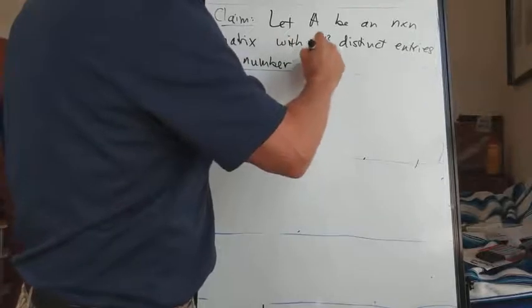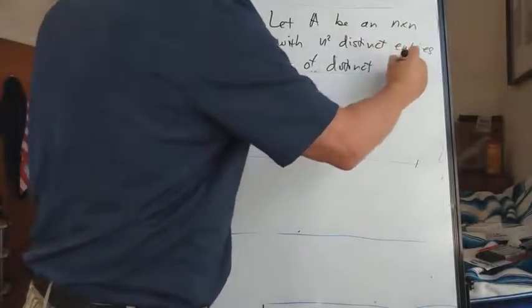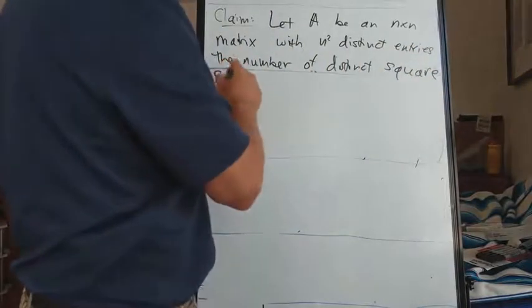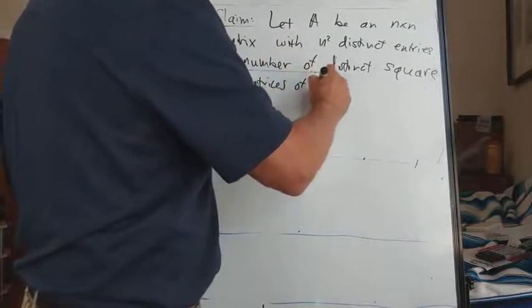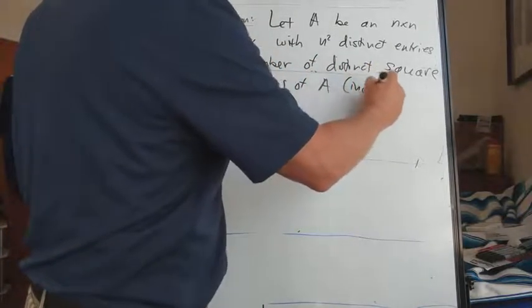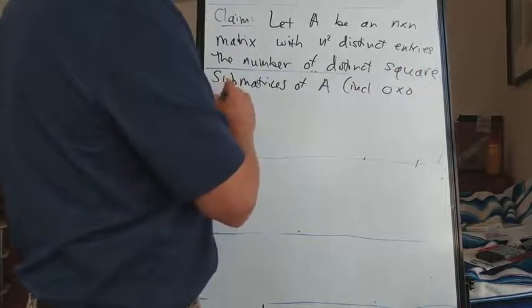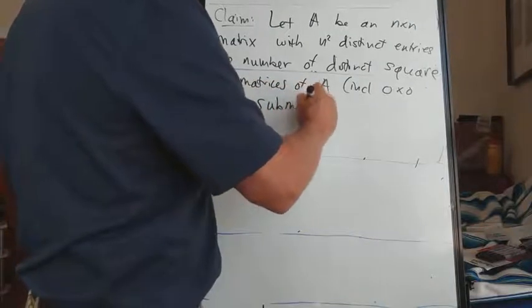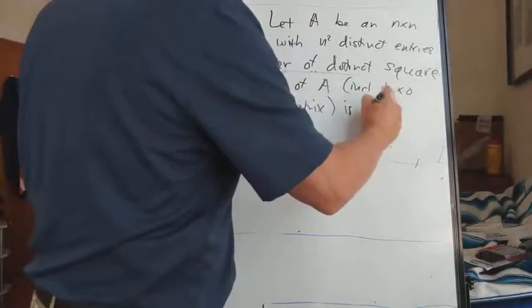And the number of distinct square submatrices of A, including the 0 by 0 empty submatrix, is 2n choose n.